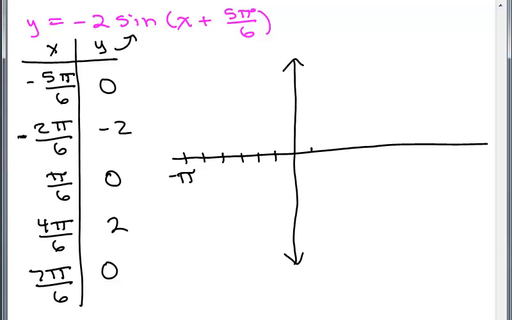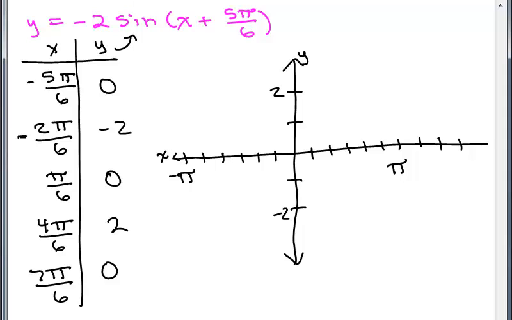And then to the right, 1, 2, 3, 4, 5, 6 is positive pi. That's the same thing as 6 pi over 6. And then 7, 8, 9 pi over 6, etc. And we're going in between 2 and negative 2, so there's 2, there's negative 2. Sorry, my y-axis looks a little ridiculous.